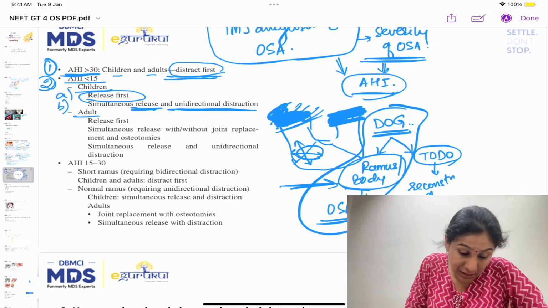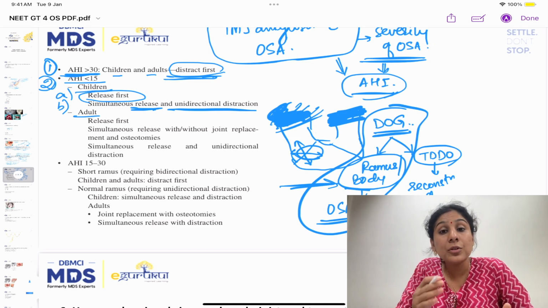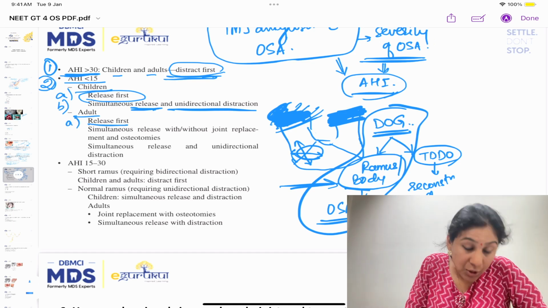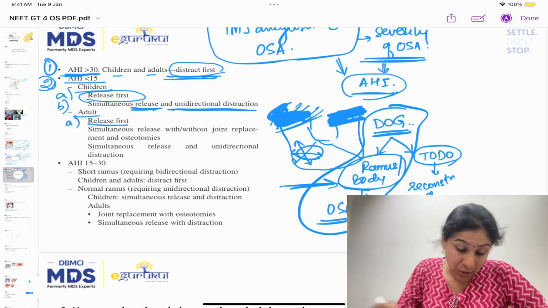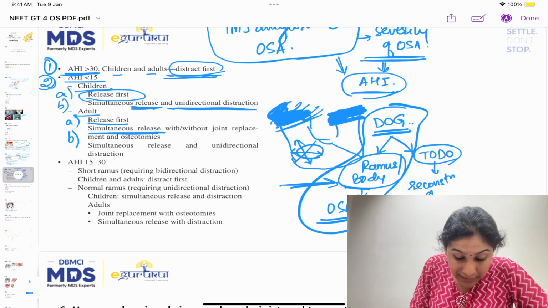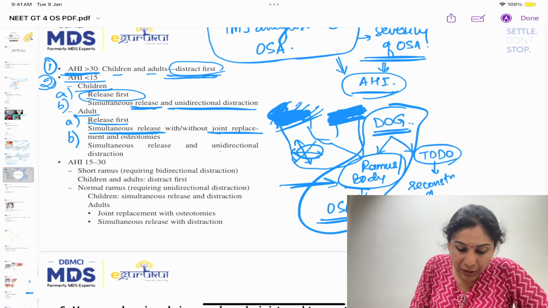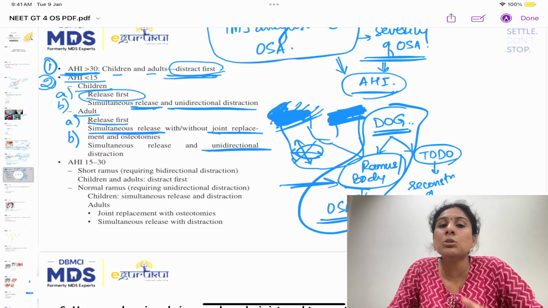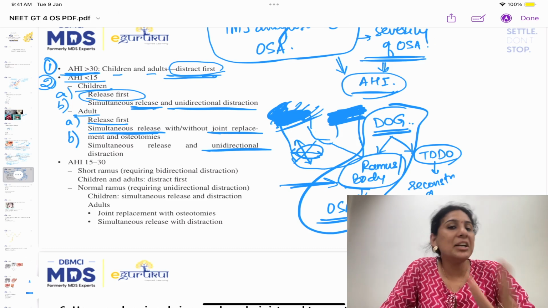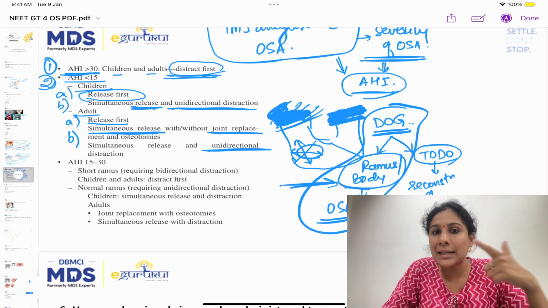Similarly, in adults there is the option of total joint replacement also. So you can do release first followed by joint replacement, or you can do release and simultaneously joint replacement or distraction, whatever method of reconstruction you are using in adults. In children there are only two options, CCG and distraction.